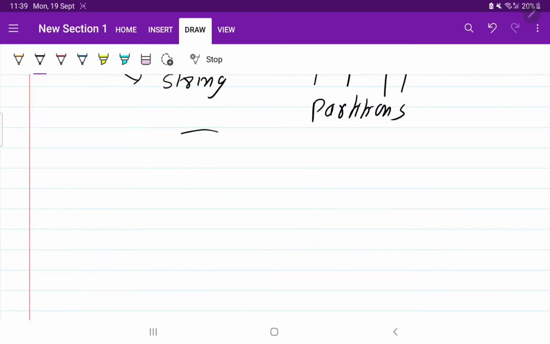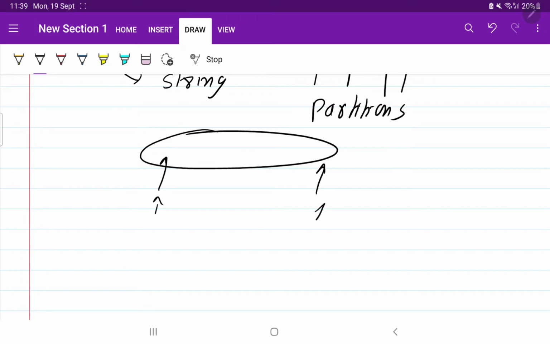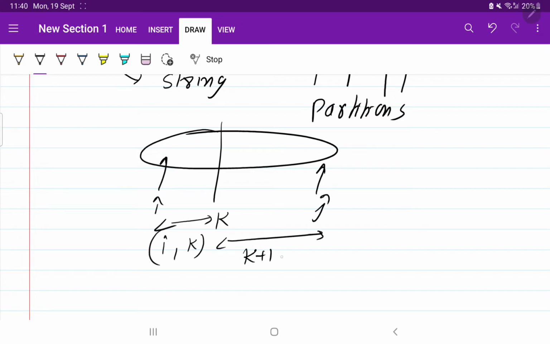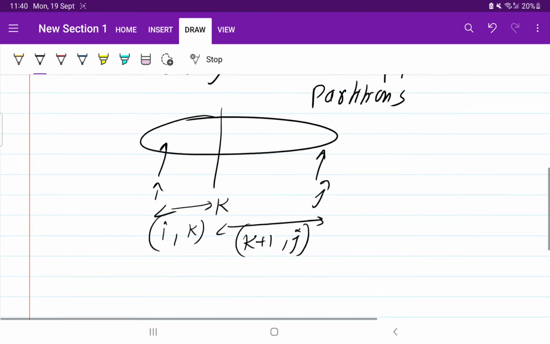Suppose an array is given which has some starting point and some ending point, and you need to partition at k such that the first block will be from I to k and the second will be from k plus 1 to j. Whenever you get this feeling that you need to do some partitions and then compare, you can get some temporary solutions.